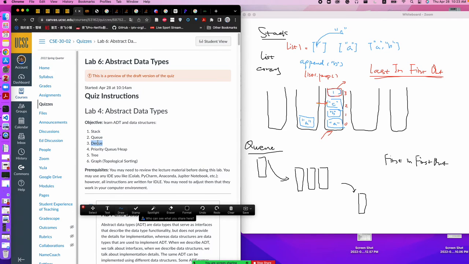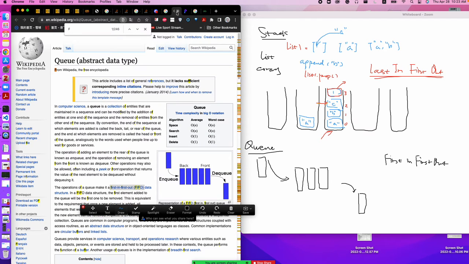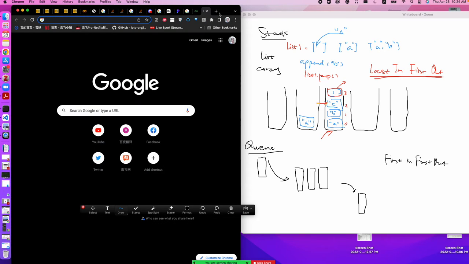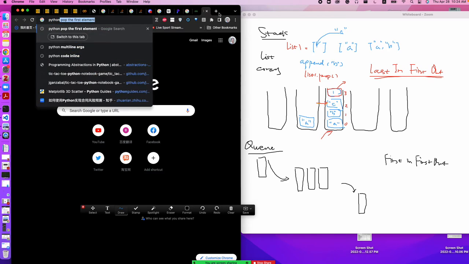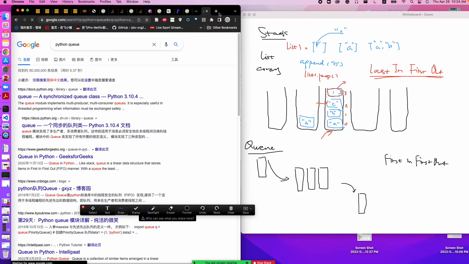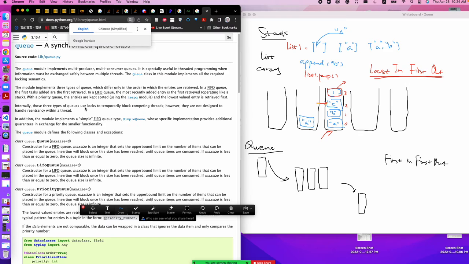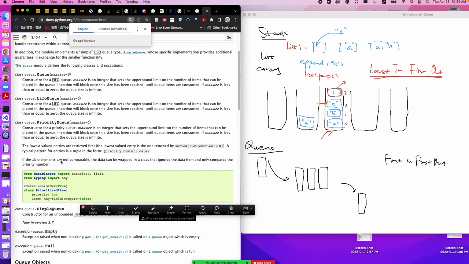Let's see what else. So dequeue is the operation that makes elements leave the queue. In Python, I remember we have a package called queue, but we should import it.